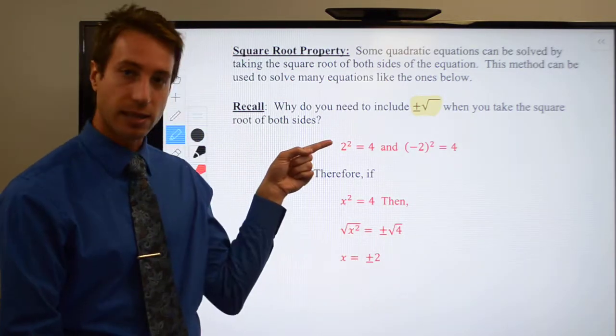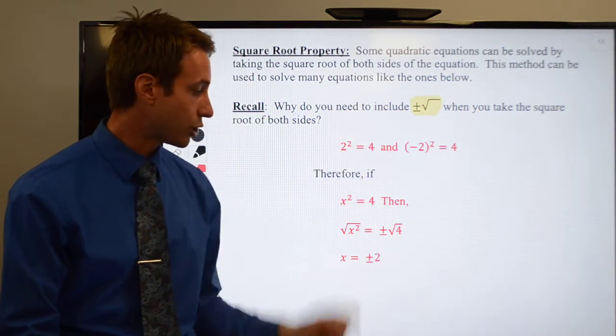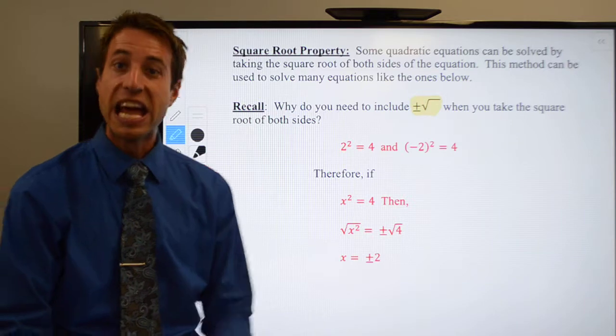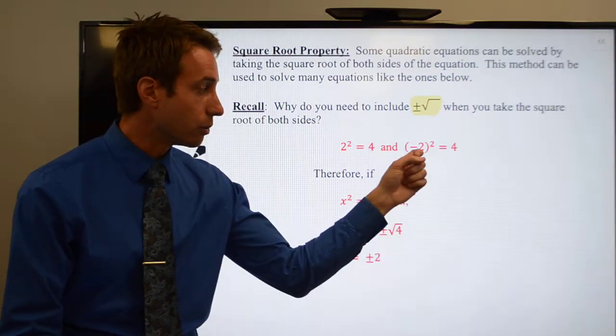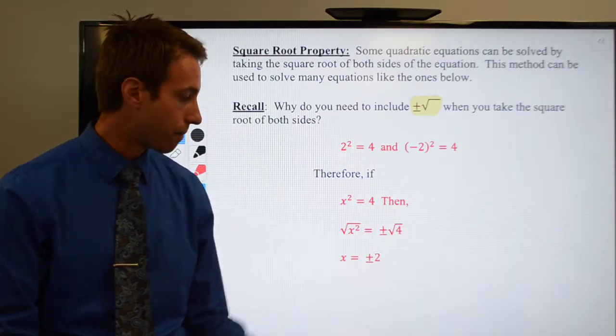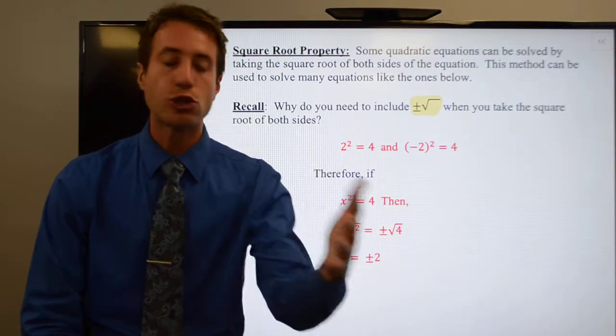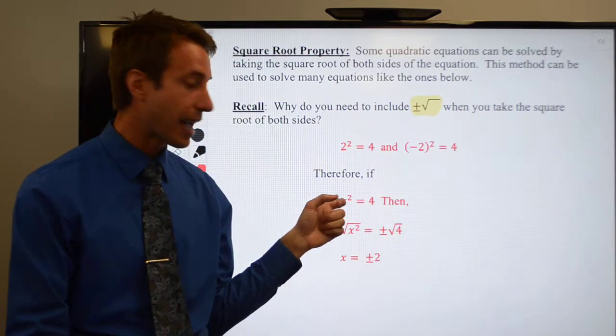Why? Because of this right here. Both a positive 2, when you square it, gets you a 4. There's the plus 2. And a negative 2, when you square it, gets you a 4. So there's the negative 2. And you get your 2 answers, which you should always get when solving a quadratic.